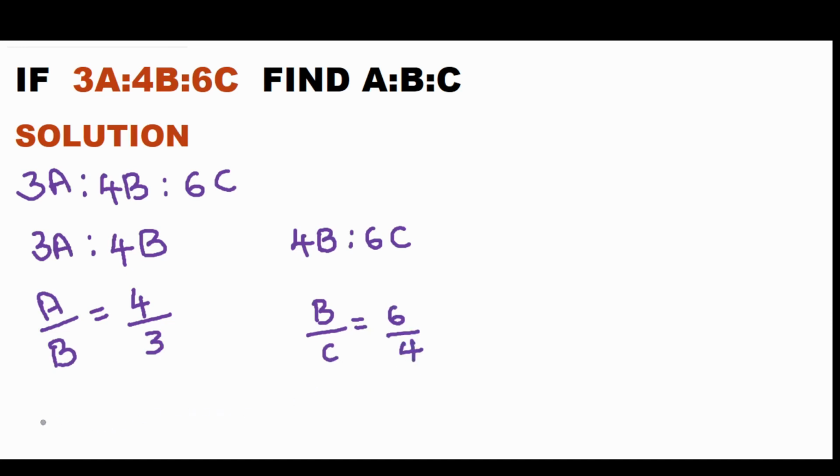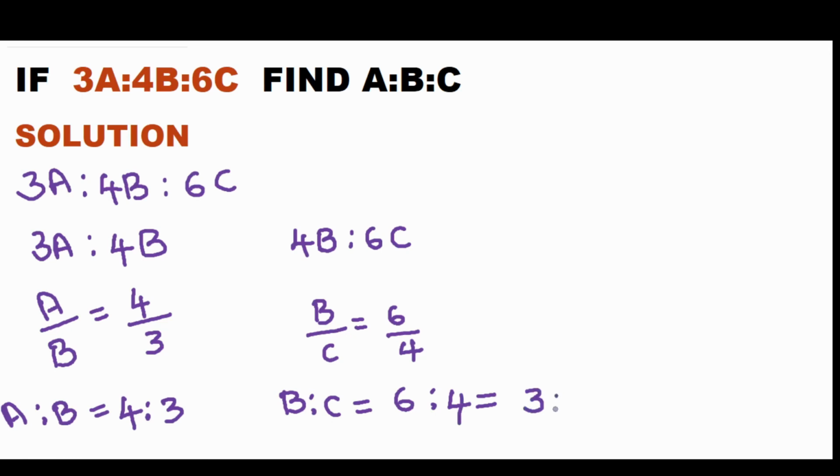So now I can write this as A is to B is equal to 4 is to 3. Again I can write this as B is to C is equal to 6 is to 4. This can be further reduced, both get divided by 2. So I get 3 is to 2.